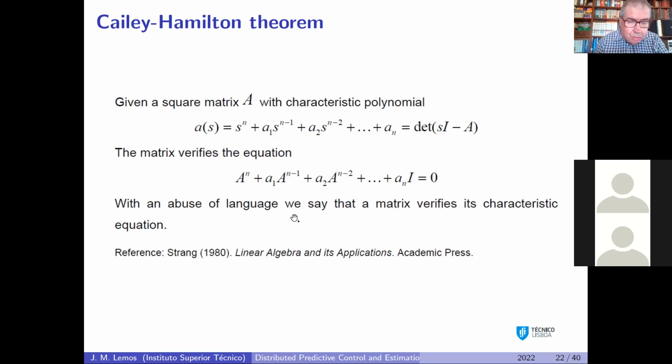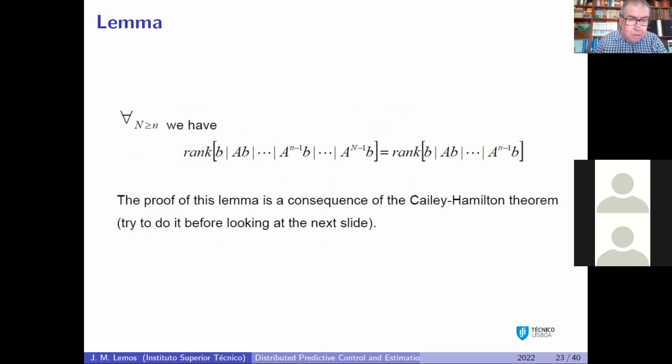So you go on recursively, and you can find any power from n on as a linear combination of the first n powers of the matrix, from power 0 to power n minus 1. This is what we are going to explore.